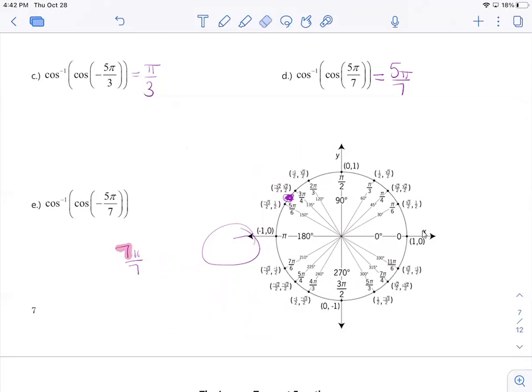Now to do E, I want to do inverse cosine composed with cosine of negative 5 pi over 7. To get to positive 5 pi over 7, I did this business, and that's totally an estimate. You don't need to know exactly where it lives. But to do negative, I have to go from here to, I'm doing the same distance. Again, I'm totally approximating, somewhere here.